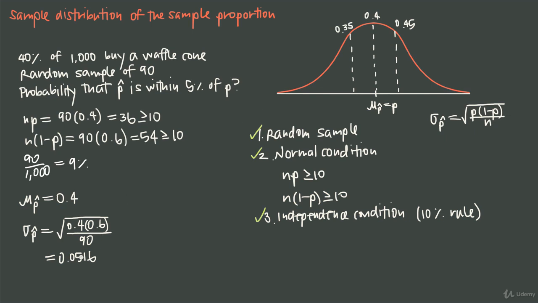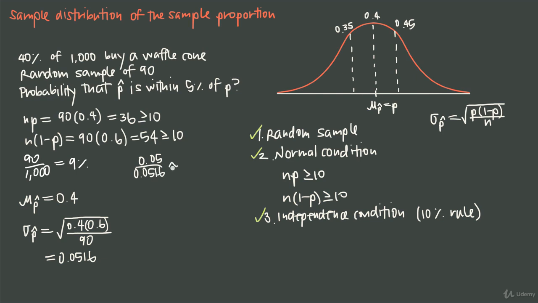Well, we know that the standard deviation is 0.0516, just a little bit more than that 0.05 distance we're talking about. So what we want to do is express this 5% value, the 0.05 value, in terms of standard deviations. So we would take 0.05 and divide that by our standard deviation, 0.0516.